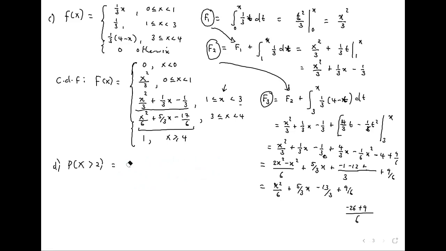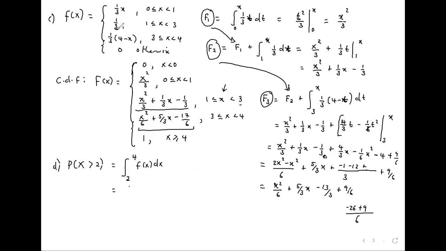So from here, what you do is you must integrate from 2 all the way up to 4 the function f of x dx. For example, you look at where 2 is. So 2 is in there.